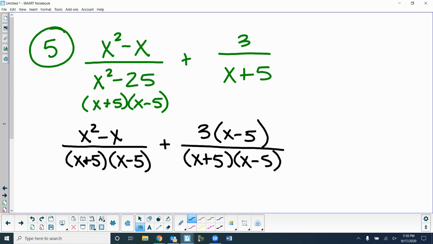Before I can add them, what do I got to do? Nick? Distribute the 3 and then x minus 5. Good. Distribute the 3. Got to do this multiplication before we do this addition.